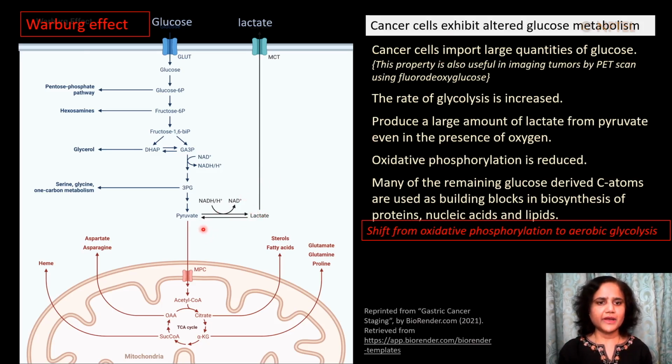So normally this pyruvate is sent over for oxidative phosphorylation, but in this case the oxidative phosphorylation is reduced, and many of the glucose derived carbon atoms instead are used as building blocks in the biosynthesis of proteins, nucleic acids, and also various other molecules which are required for this rapidly dividing cell.